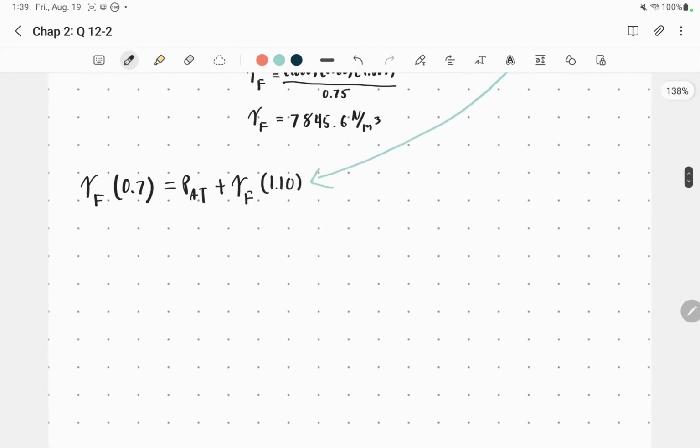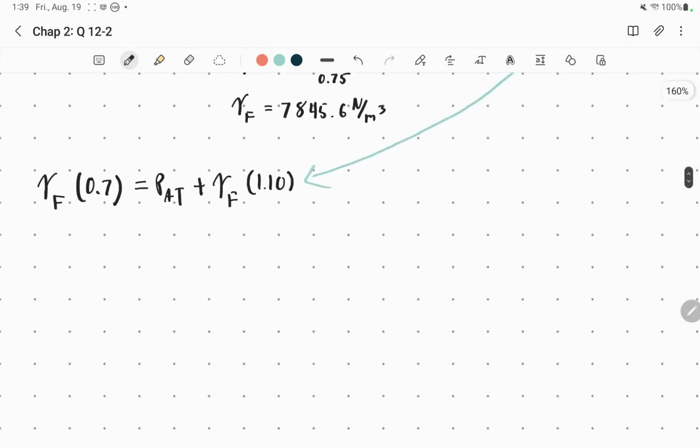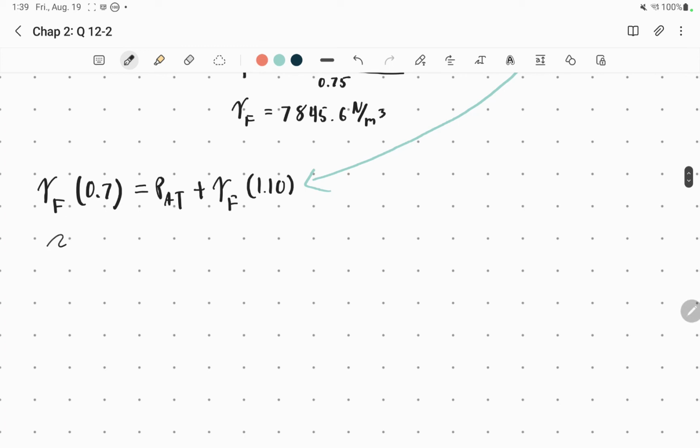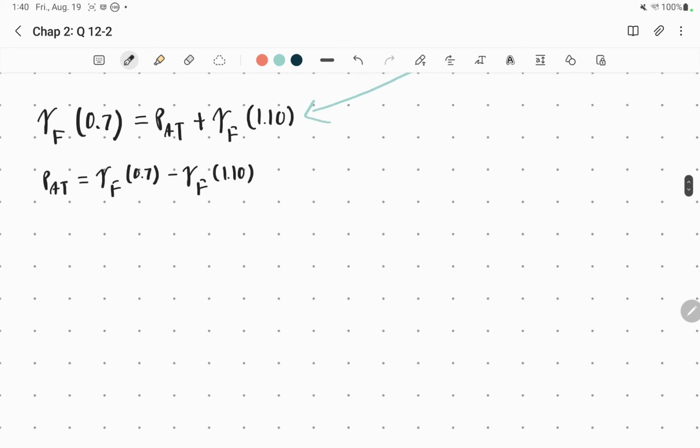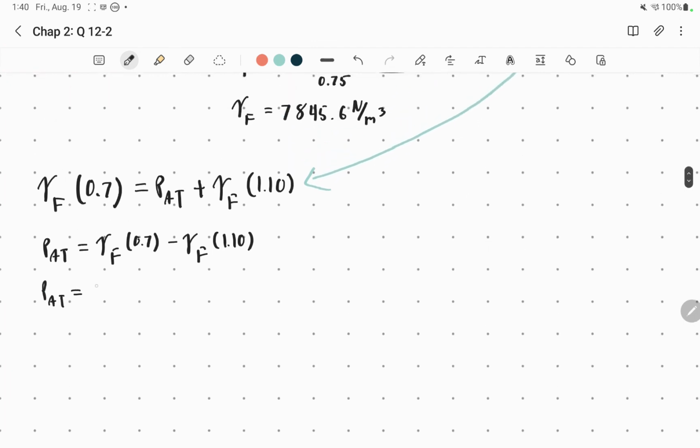Now because we want PAT, we're just going to rearrange everything real quick. So we have PAT on the left, and PAT is equal to gamma F times 0.7 minus gamma F times 1.10. So PAT equals 7845.6 times 0.7 minus 1.10.